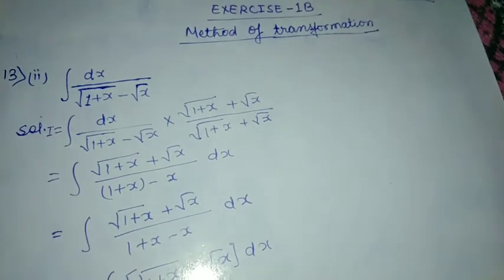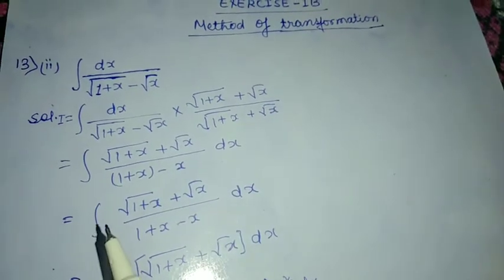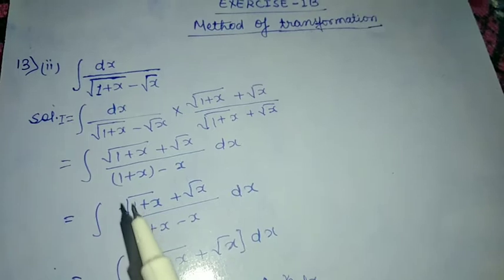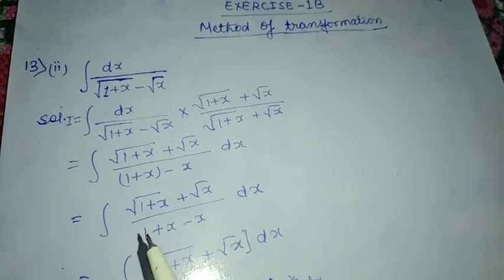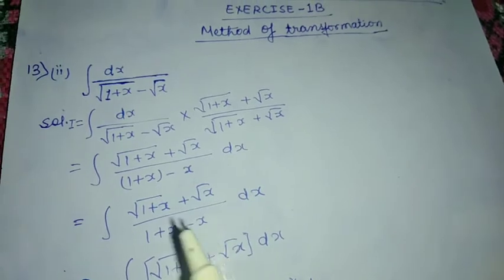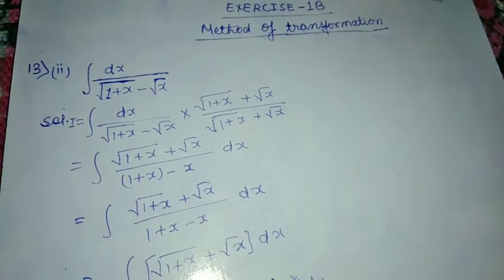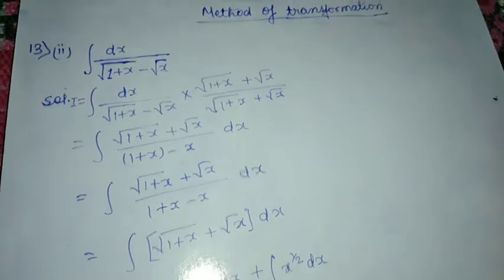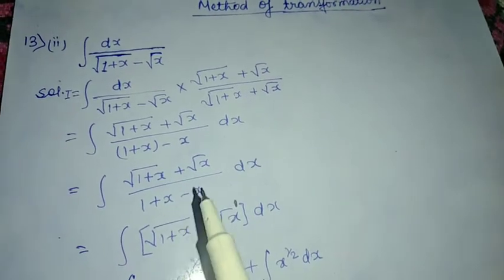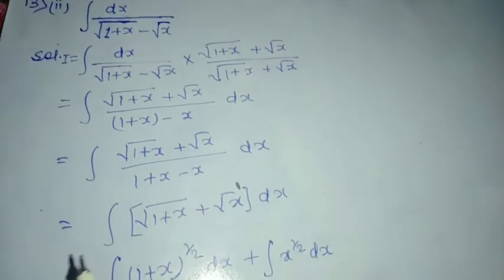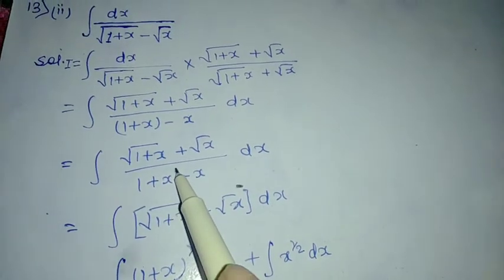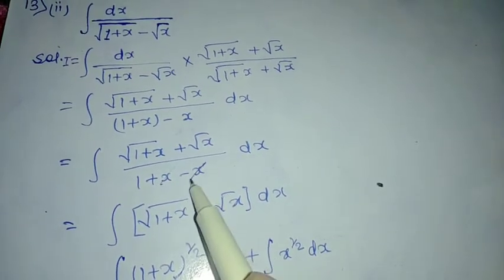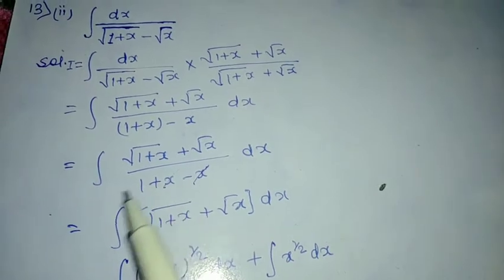So in the next step we can write it as integration of square root of 1 plus x plus square root of x upon 1 plus x minus x. We can write it like this. So in the next step this plus x and minus x will be cancelled out, so it will be 1.